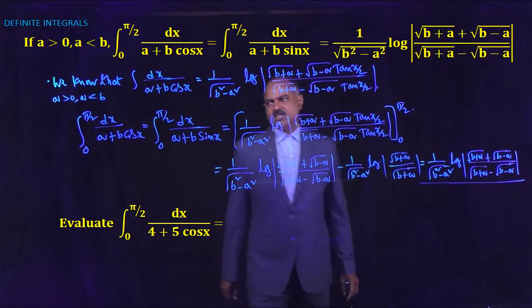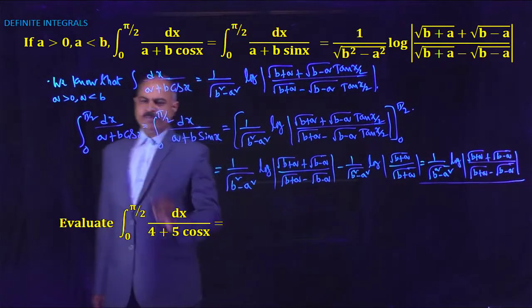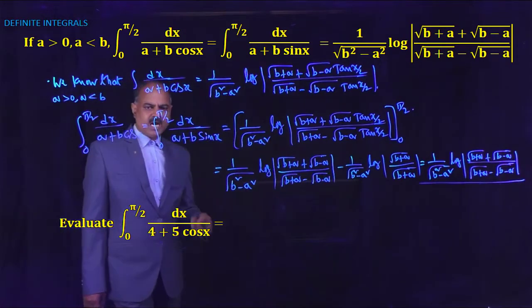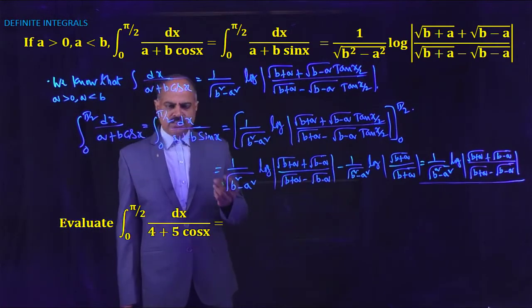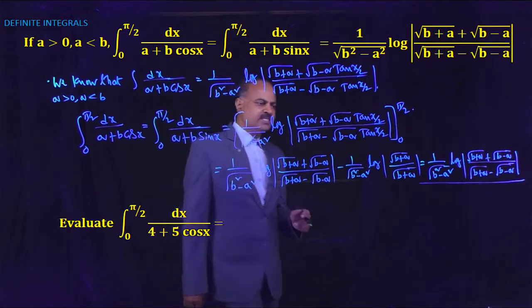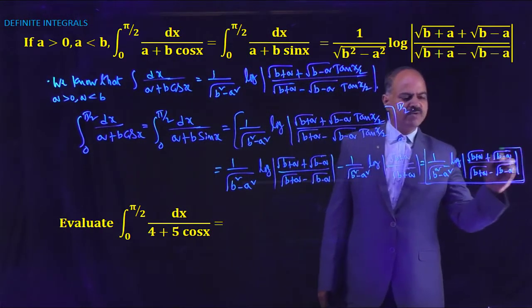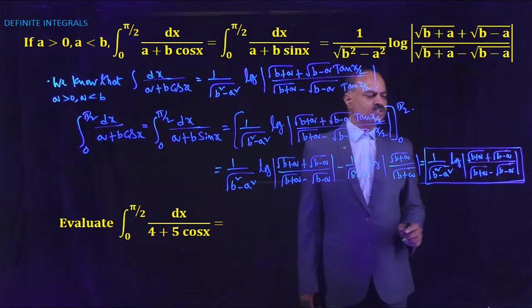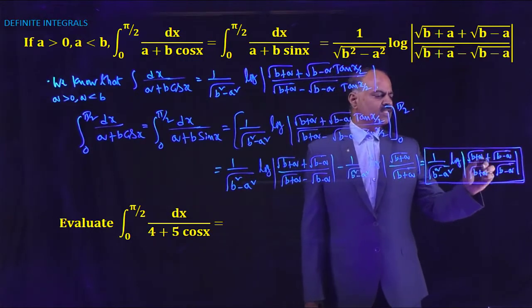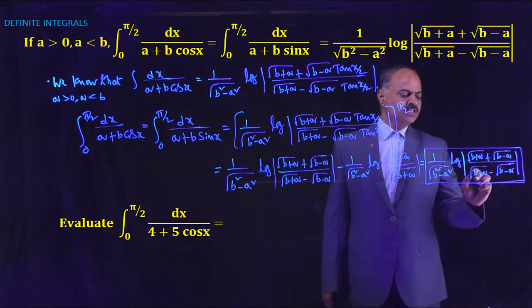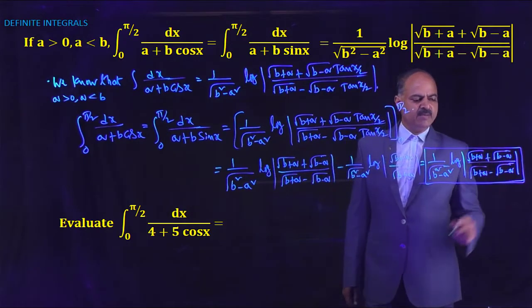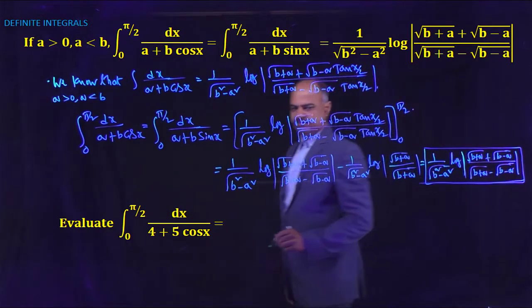So therefore integral 0 to pi by 2 dx by a plus b cos x is equal to integral 0 to pi by 2 dx by a plus b sin x, equal to 1 by root over b square minus a square into log modulus of (square root of b plus a plus square root of b minus a) by (square root of b plus a minus square root of b minus a).